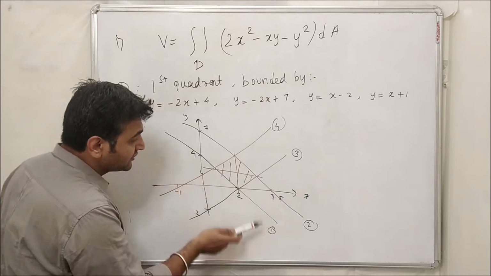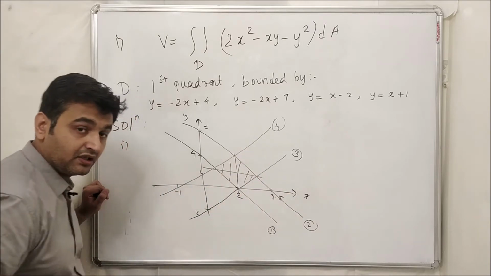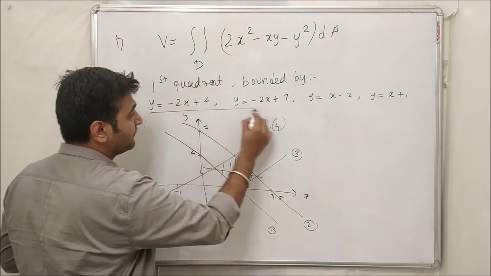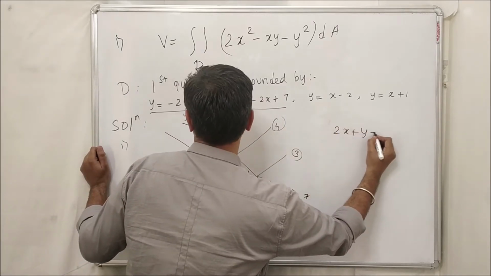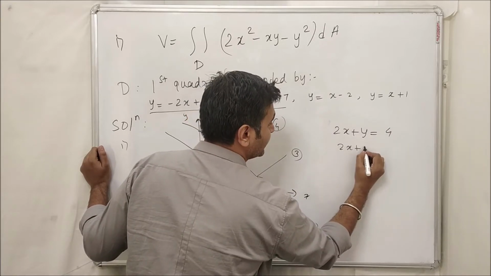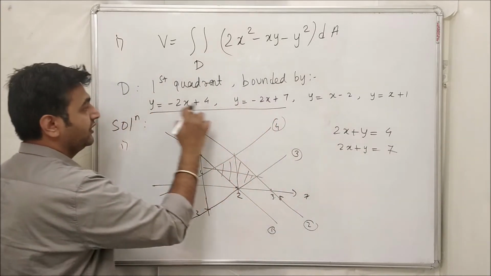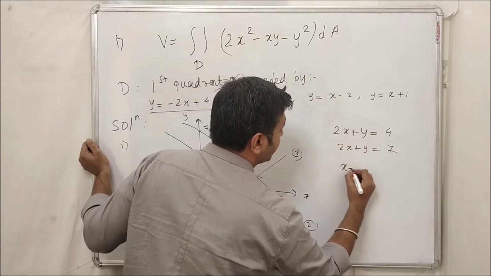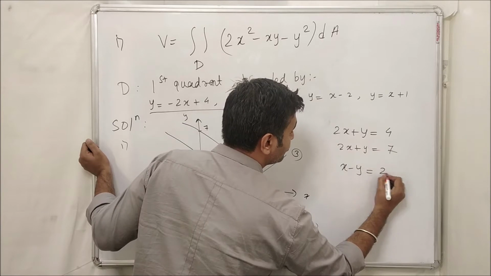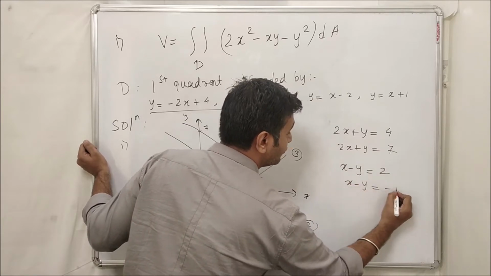Now if you see, these two lines are parallel, and these two lines are parallel. So if you observe the first two, this is nothing but 2x plus y equal to 4, 2x plus y equal to 7. And for the other two, x minus y equal to 2 and x minus y equal to minus 1.